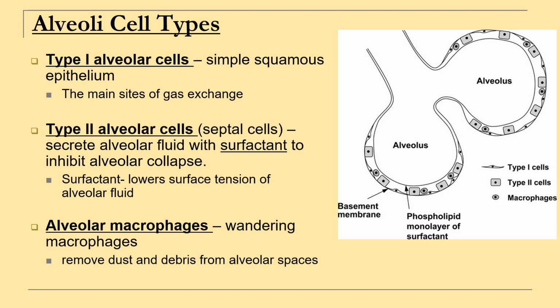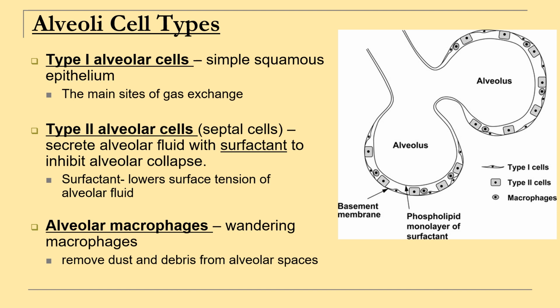The surfactant helps lower surface tension so our alveoli don't stick together as we inhale and exhale. We don't want our lungs sticking together, so we use our type 2 alveolar cells, or septal cells, and the surfactant that they secrete.